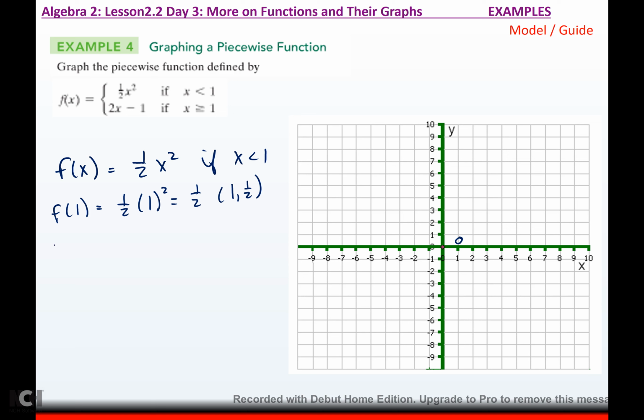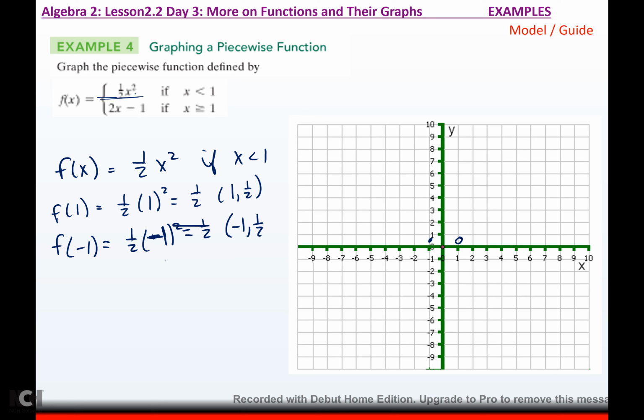Pick something less than 1, so let's do f of negative 1. That would be 1/2 times negative 1 squared. Negative 1 squared is 1, times 1/2 is 1/2. So again, we get negative 1, 1/2. And then I know what shape it is.